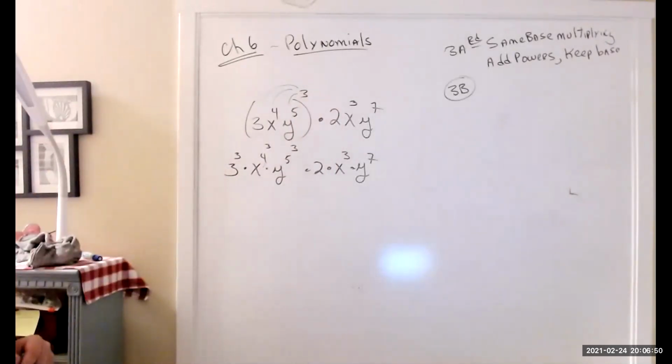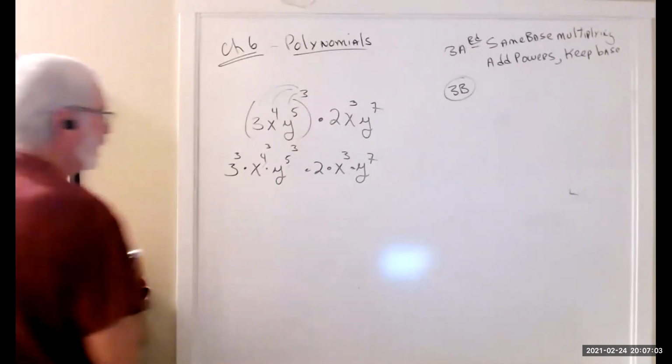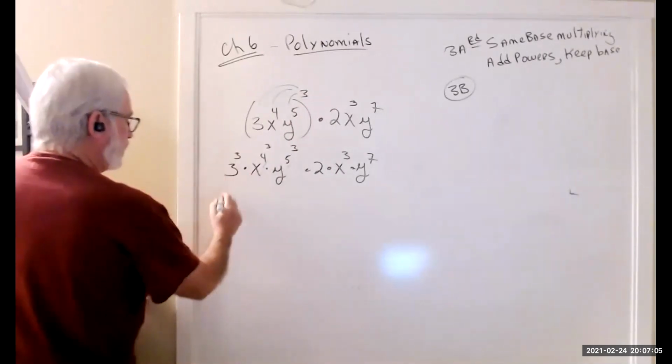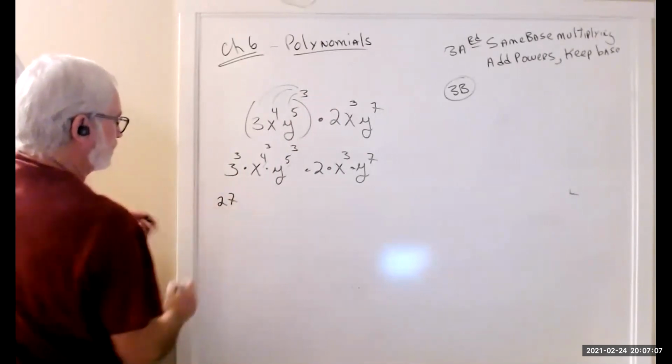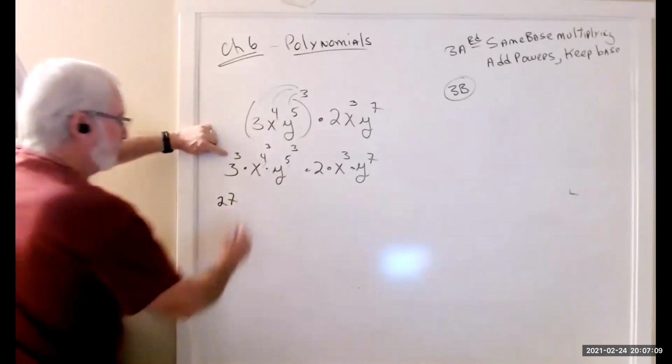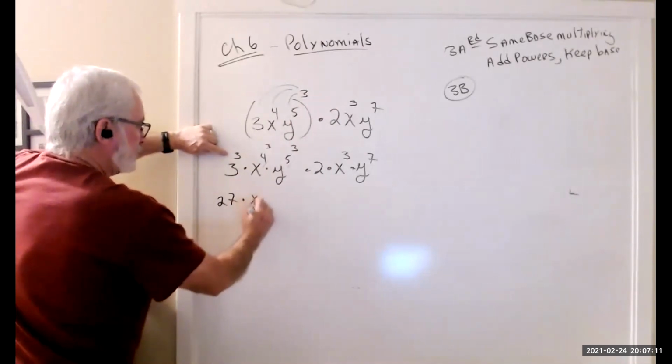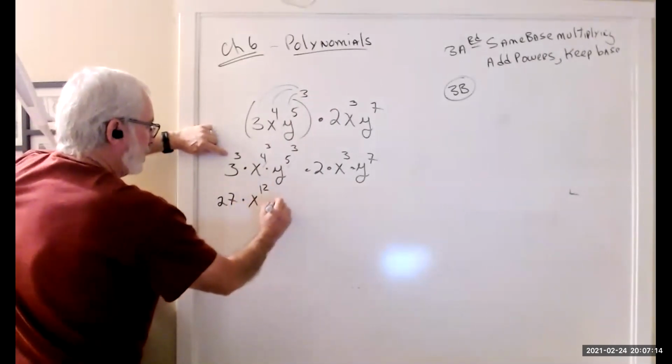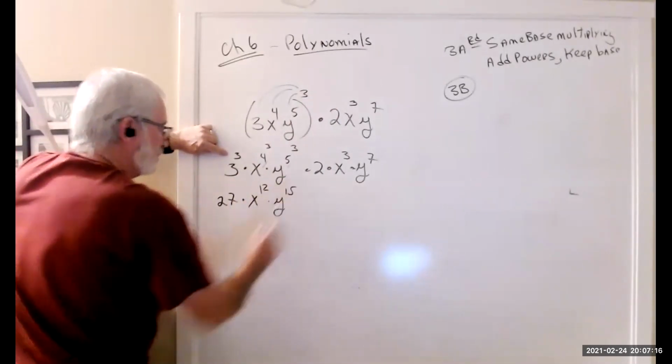The rule said multiply the powers, but keep the base. At the same time, I'm going to do arithmetic. 3 to the third is 27 times x to the 12 times y to the 15.